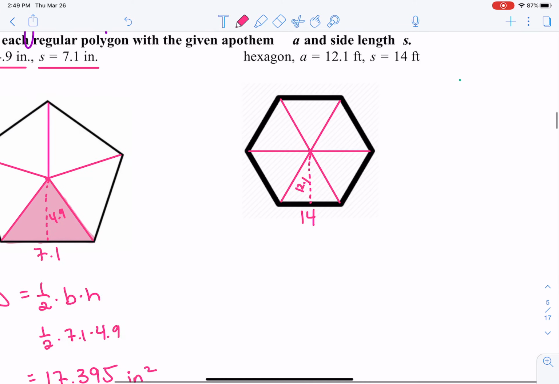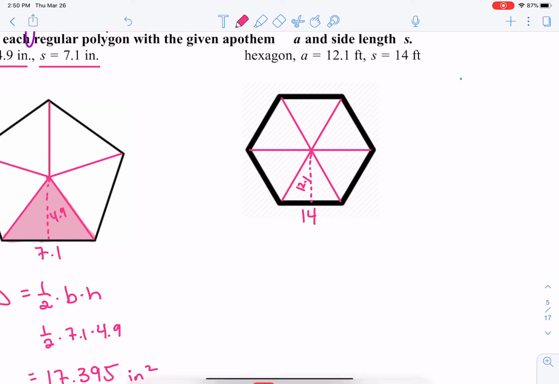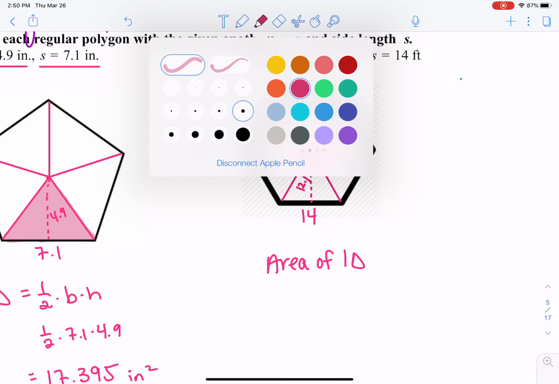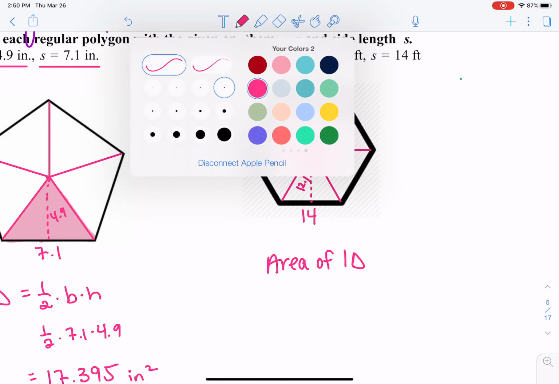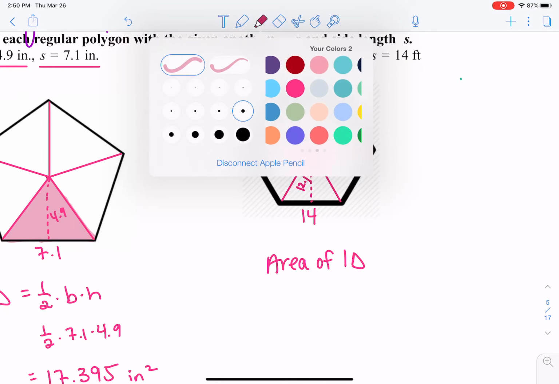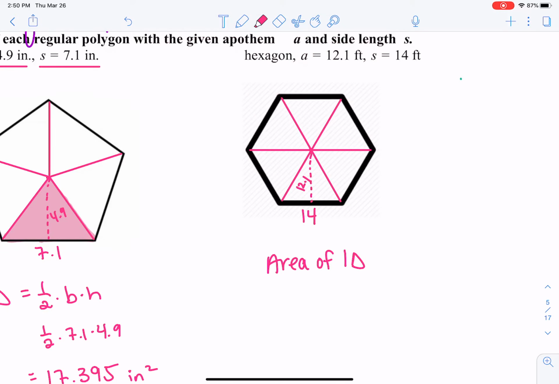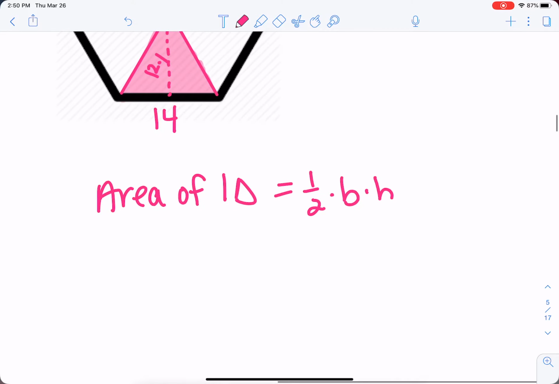So again, the area of one triangle, so like this one right here, would be 1/2 times base times height. So that base is 14 and the height is 12.1.